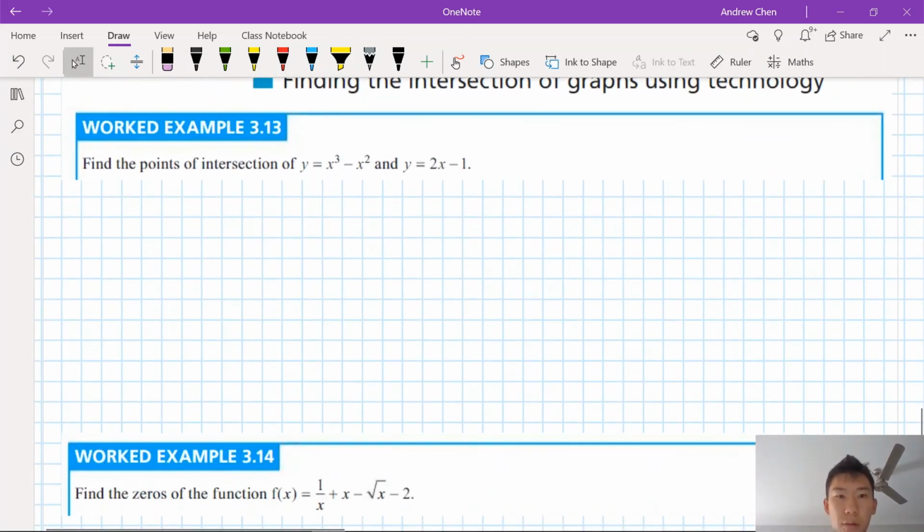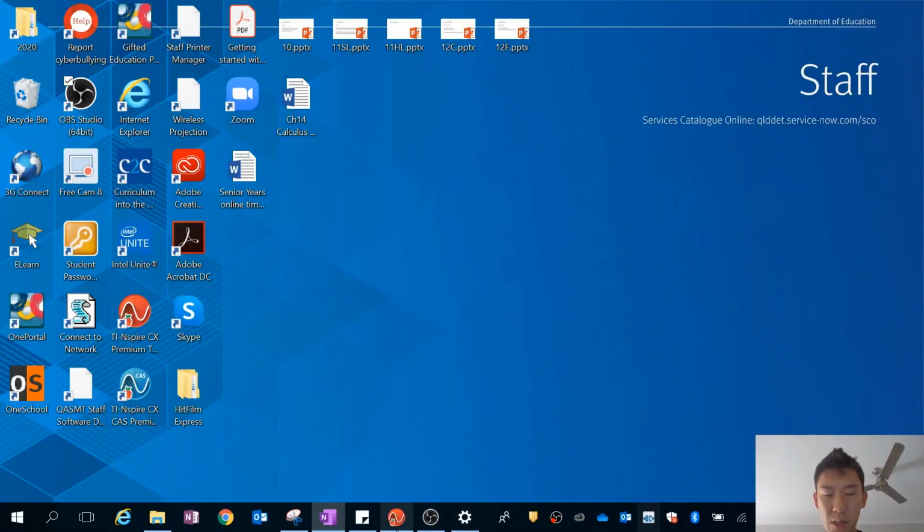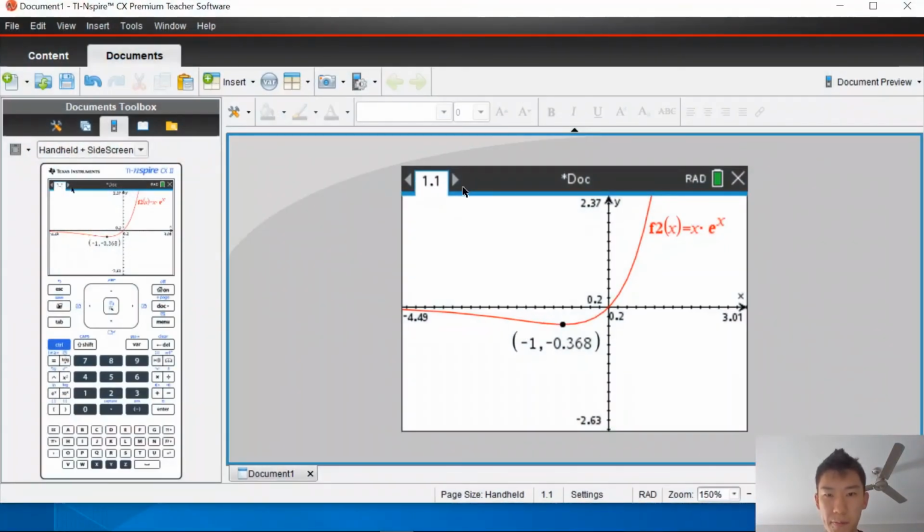Okay, 3.13. Finding the intersections of graphs using technology. Okay, find the points of intersection of x cubed take x squared and 2x minus 1. Right, let's graph this. So x cubed take x squared and 2x minus 1.